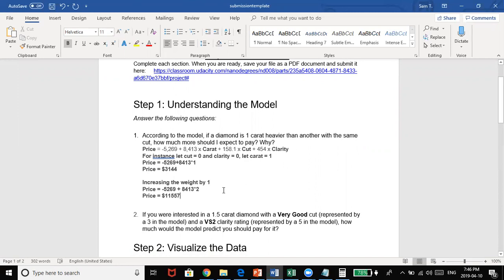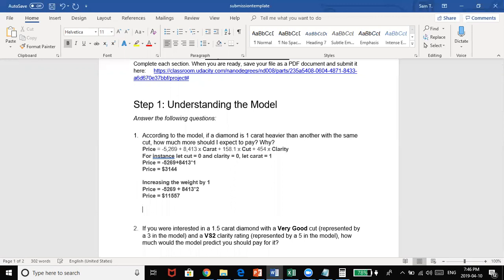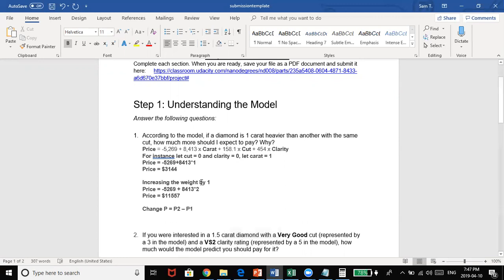So in this case, how much more is calculating the variance between both prices. So we'll have that our change in P will be equal to P2 minus P1, where P2 is the price at the weight of 2 carats, and P1 is the original case.